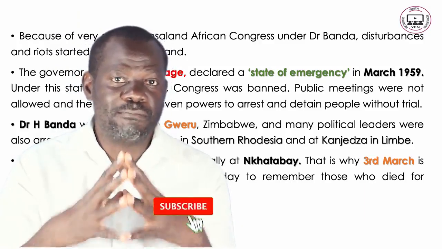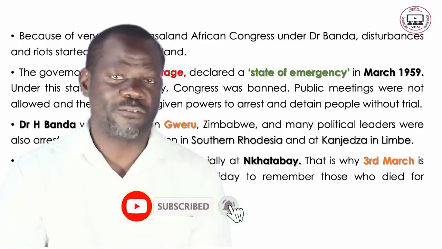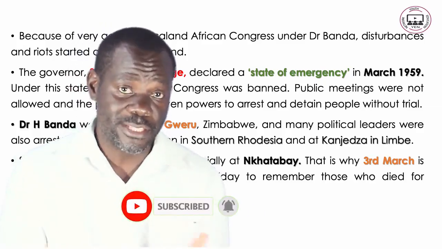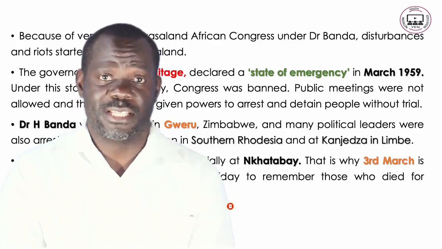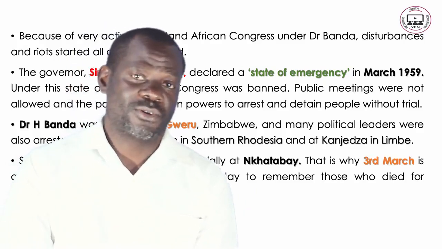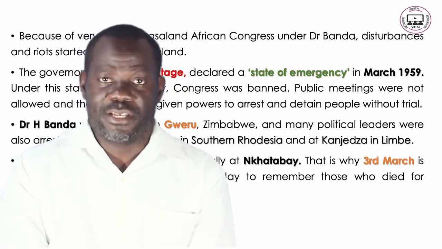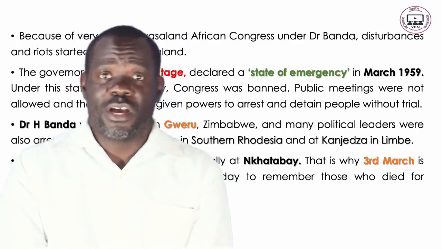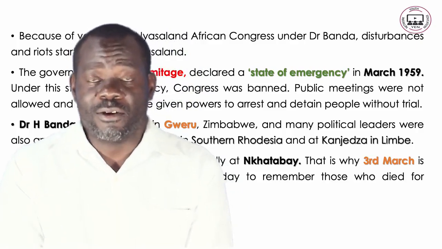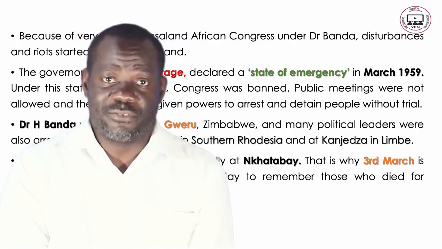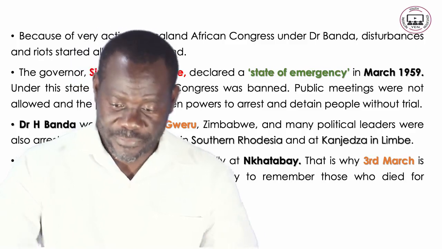We are remembering the people who died in the fight for independence. So these were the things that happened during that independence. Still, we are looking at independent Malawi. But we need to stop here on part 1 in this unit 17, independent Malawi.